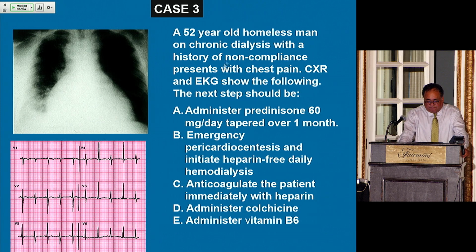So case 3 is a 52-year-old homeless man on chronic dialysis with a history of non-compliance who presents with chest pain. The chest x-ray and the EKG show the following. And this is the chest x-ray, and this is the electrocardiogram.